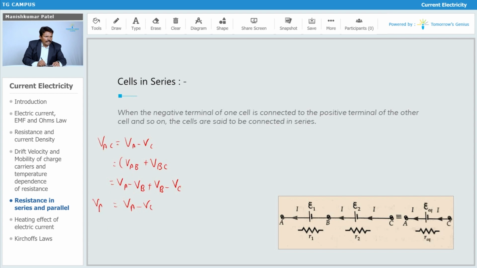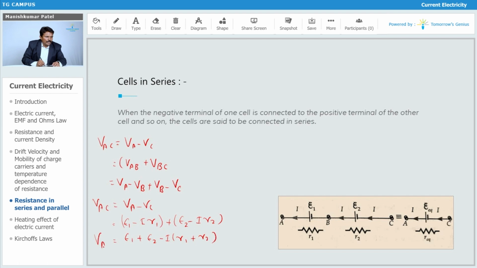Now in case of this VAB, how can you write it down? It is E1, the EMF, minus I into R1. Similarly for the other cell, E2 minus I into R2. So you get E1 plus E2 minus I times (R1 plus R2).